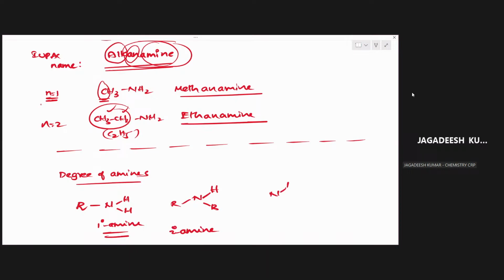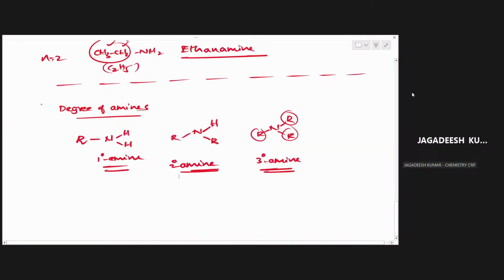If nitrogen is connected with all alkyl groups only, no hydrogens, only alkyl groups are present, and these alkyl groups are either the same or different, no problem, then this is called a tertiary amine. So this is about the degree of amines based on the number of alkyl groups connected with nitrogen. 1 alkyl group, primary amine; 2 alkyl groups, secondary amine; 3 alkyl groups, tertiary amine.